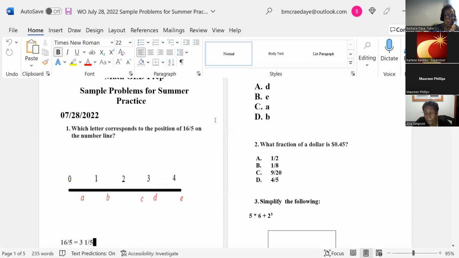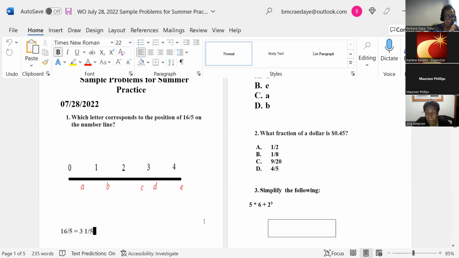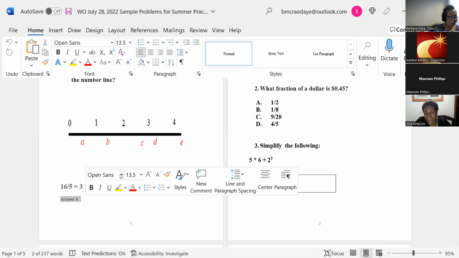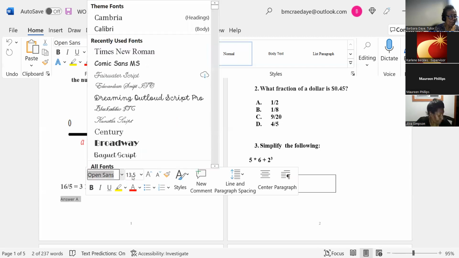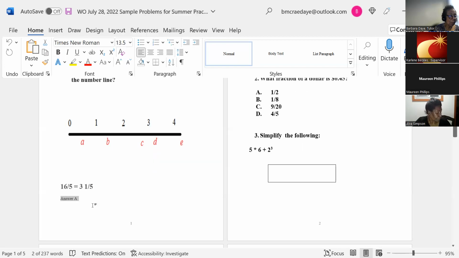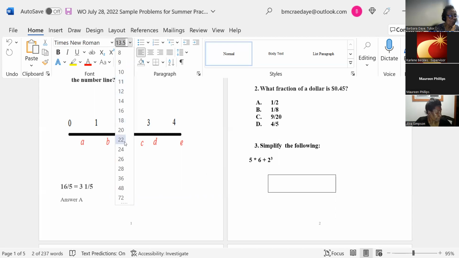D. That's your answer, right? And D is letter A. I think we both missed that one. I sent an answer, but it was wrong, between C and D. It's only one answer, because when you get 3.2 as a decimal, it's greater than 3 and less than 4, right?